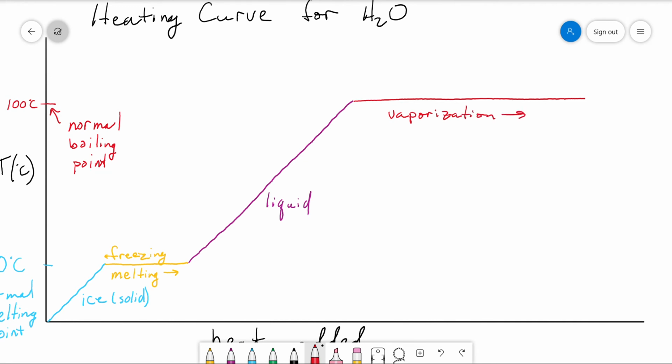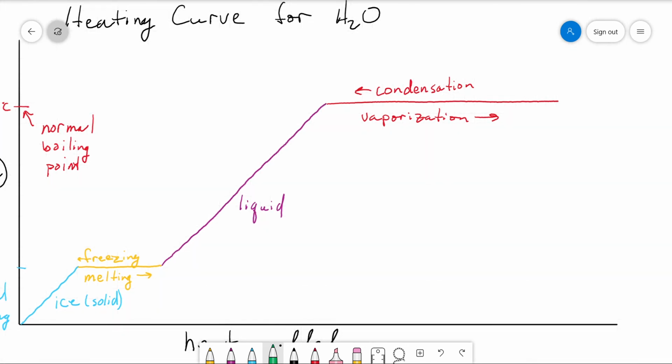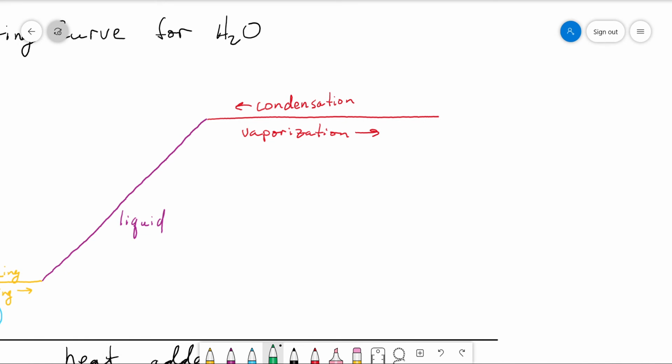And the opposite of vaporization is condensation. Condensation going that way. Okay. And now the temperature goes up again, and that's where we have, we could call it steam, we could call it vapor, water vapor, we could call it just simply a gas.